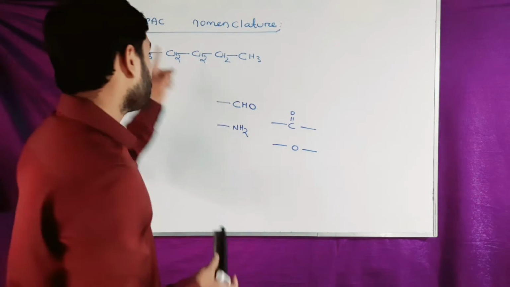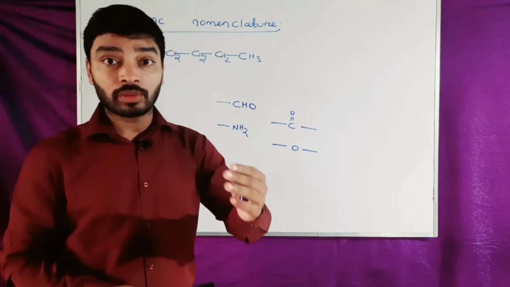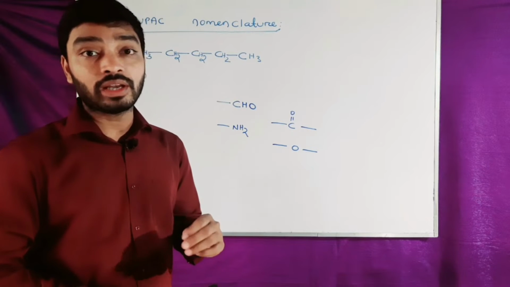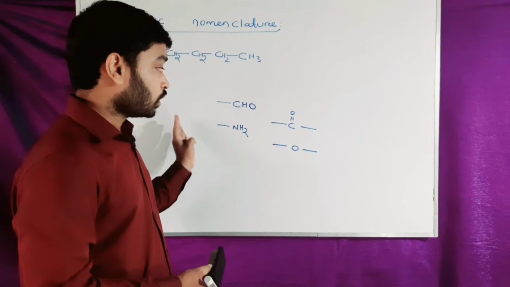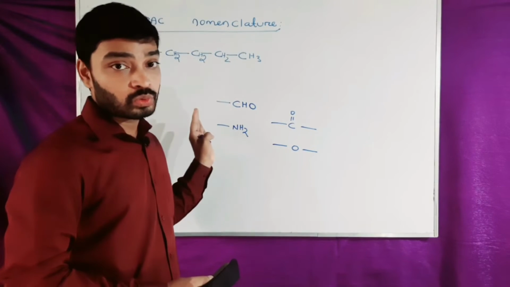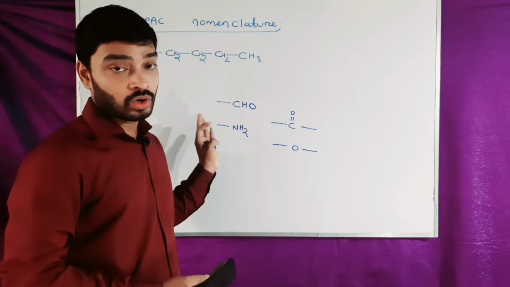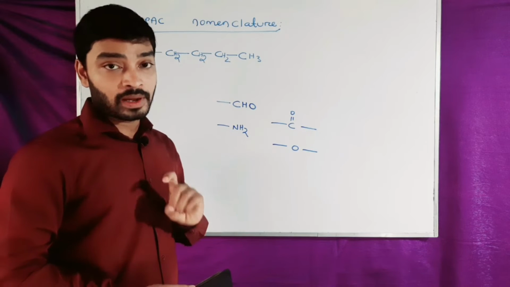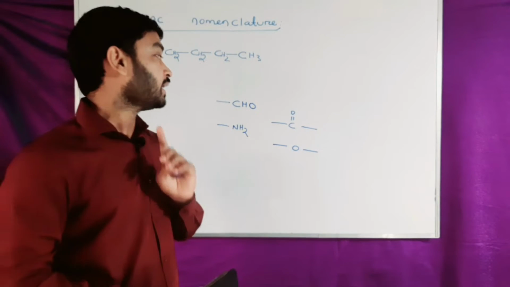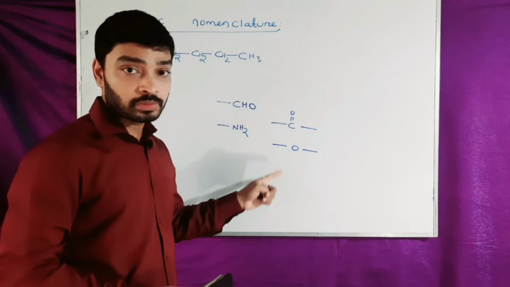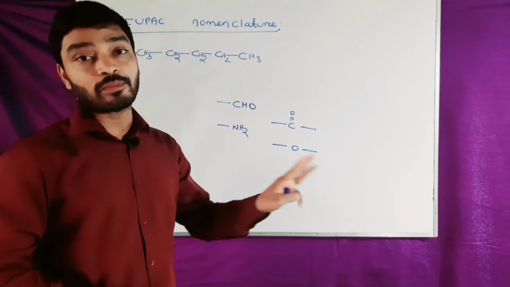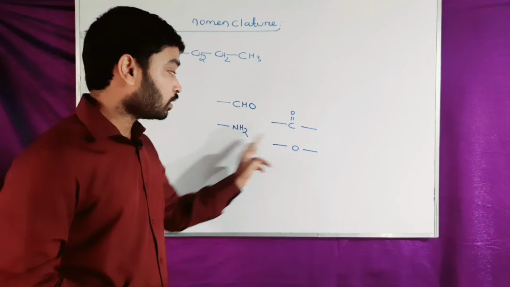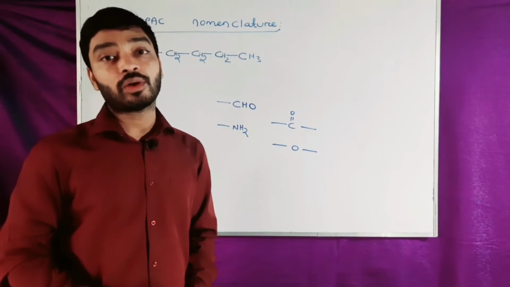That may be IUPAC nomenclature, or in the coming classes we will learn the common name or trivial name of organic compounds. Anyone who wants to have a broad sense of IUPAC nomenclature should first have an idea of the functional group, its prefix, its suffix, and the general IUPAC name for the given functional groups or organic compounds.